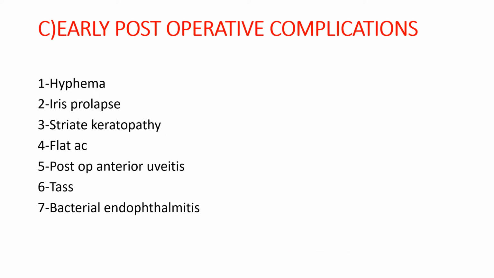Now coming to the early post-operative complications. In early post-operative complications, there can be hyphema, which is collection of blood in the anterior chamber. There can be iris prolapse, in which a piece of the iris is tucked at the site of the wound in the incision area.